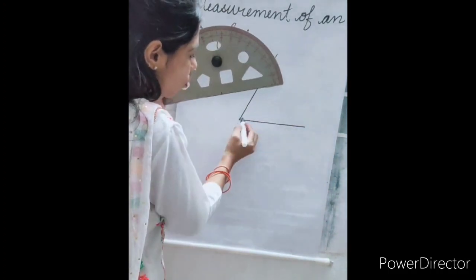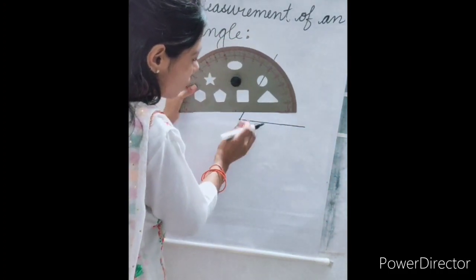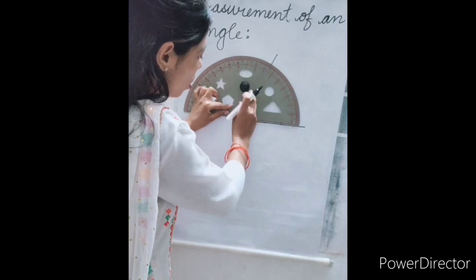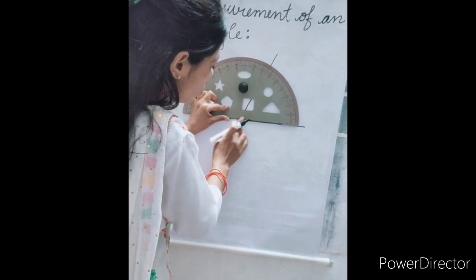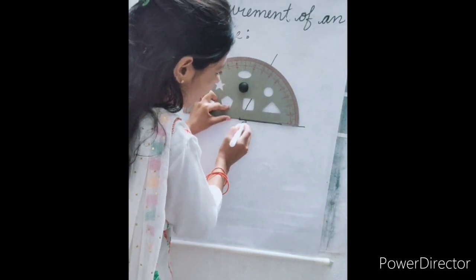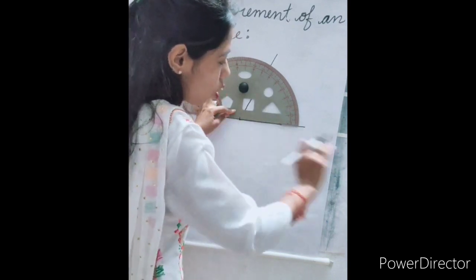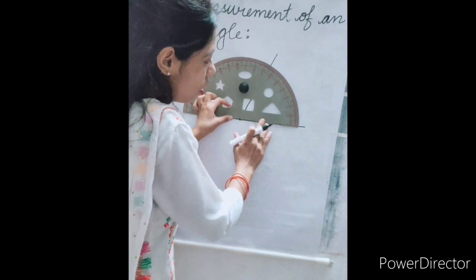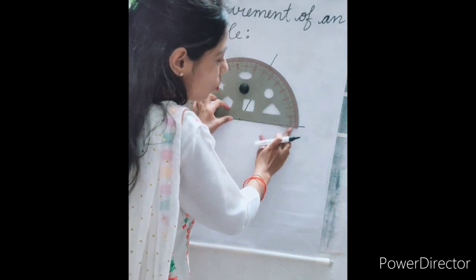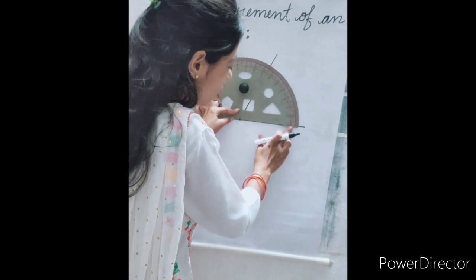So what will we do for measuring an angle? At this vertex we will keep this point, and we will keep this 0 on the horizontal line.